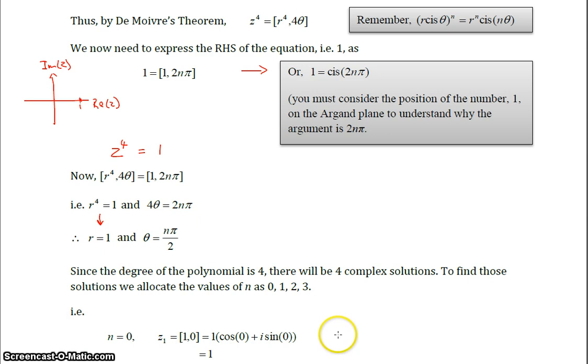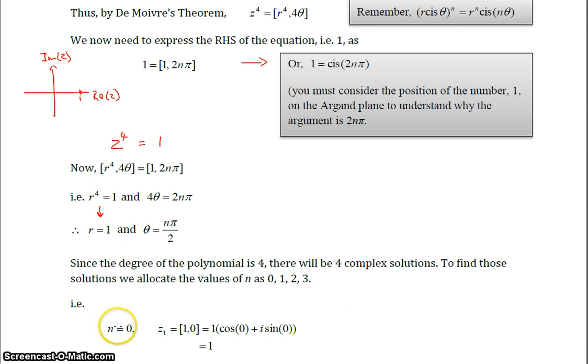So if n equals 0, our first solution for z will be given by 1, 0, because our modulus is going to be the same every time. It's going to be 1, but our angle is what changes. So n being 0, obviously theta becomes 0 because 0 times pi over 2 gives us 0.